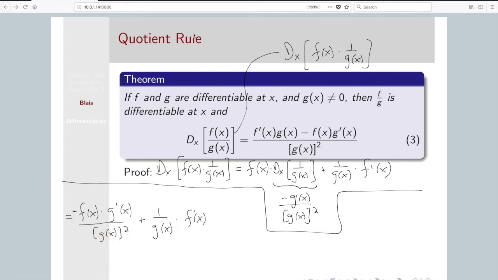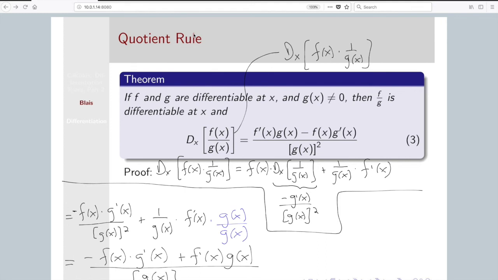So we multiply this term on the right by g of x over g of x. And that gives us exactly what we want. We now have this first term as minus f of x times g prime of x. Then we have plus f prime of x times g of x, all over g of x squared. And notice that this is exactly what we have up here.